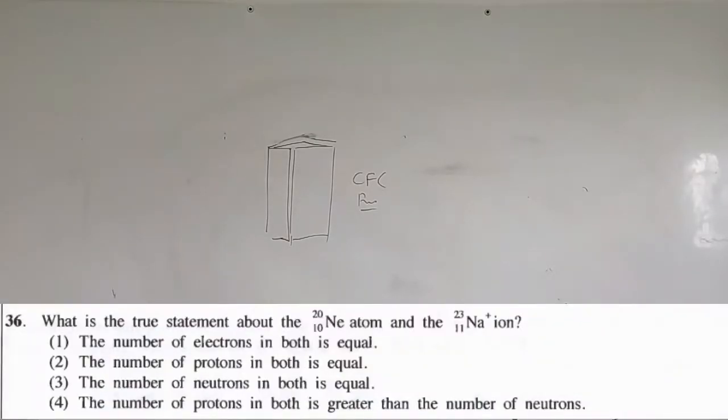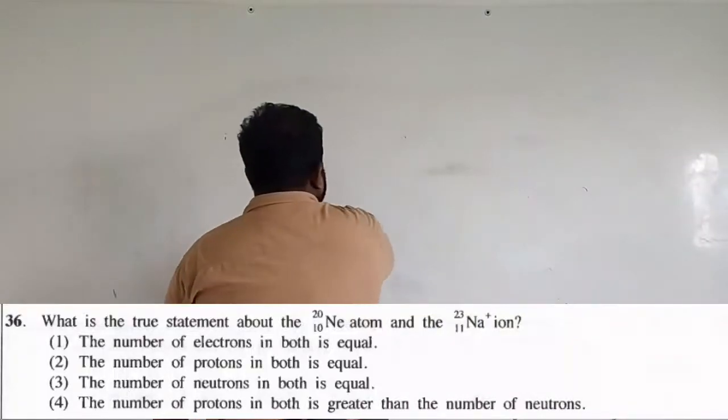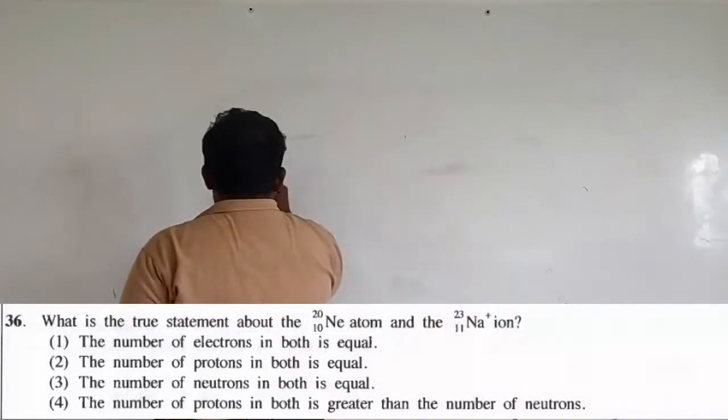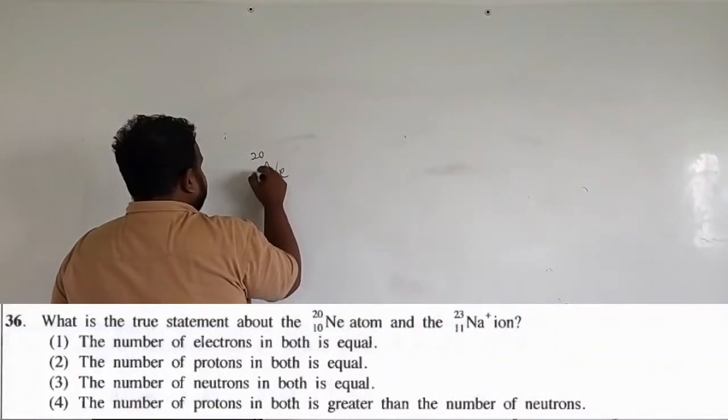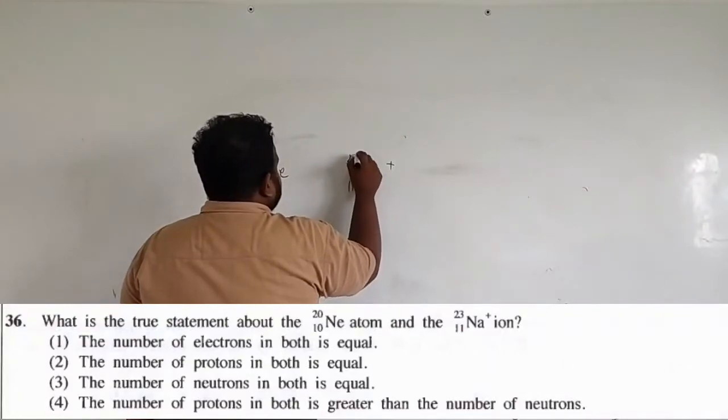Right, 36th question. What is the true statement about neon-20 (10) and sodium-23 (11)? Neon 20,10 and sodium plus, 11, 23.